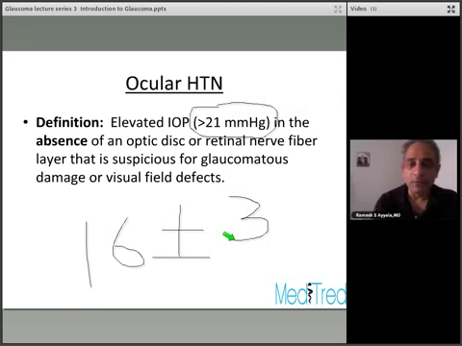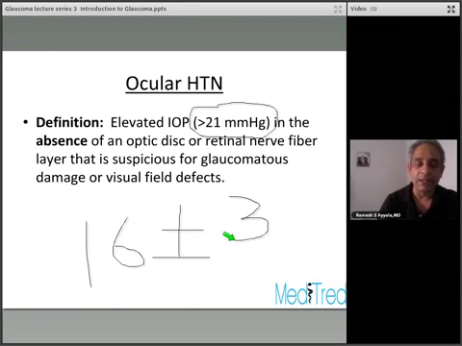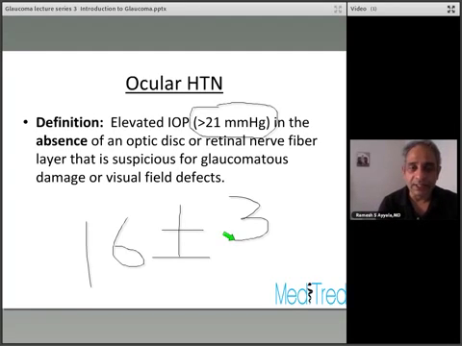So what they did was to take the outer limit of this, and we all know that when the pressure hits 21 or higher, the likelihood of developing glaucoma is much higher. And so that's the commonly used cutoff point. Some people say 22, 23. But the important point is for you to get this concept that at a certain point, above which we call these patients ocular hypertension.